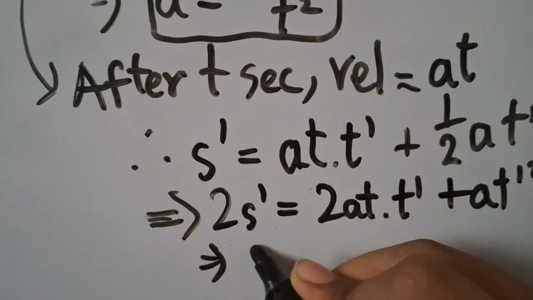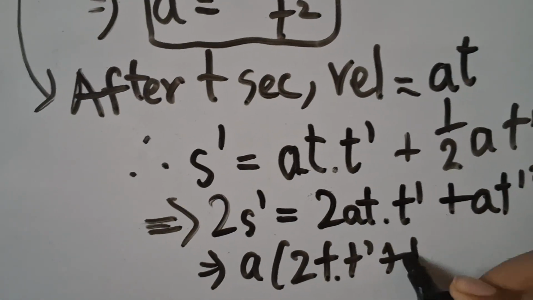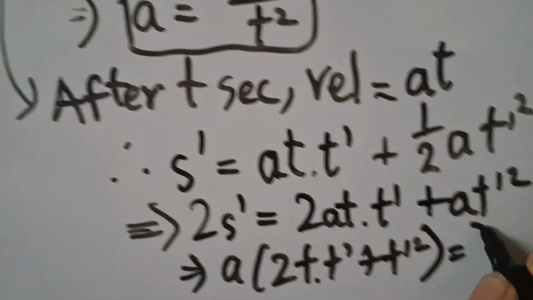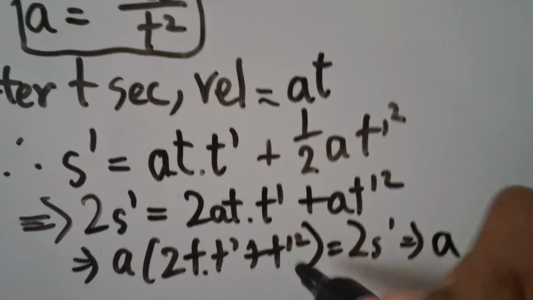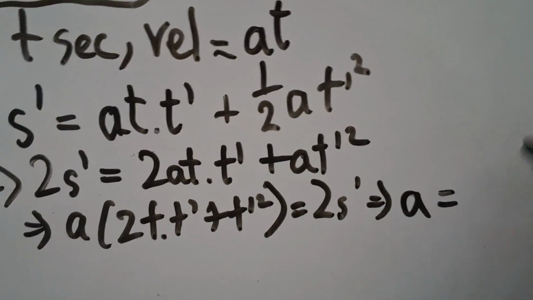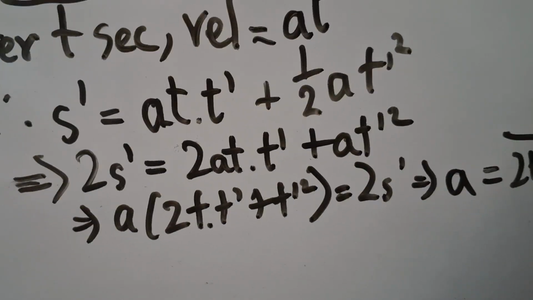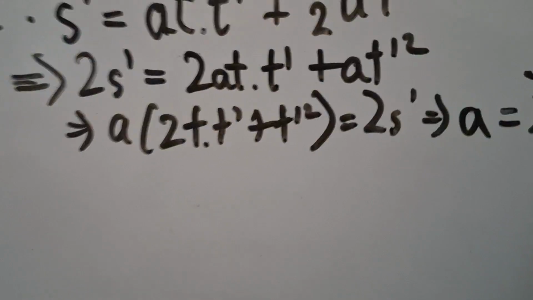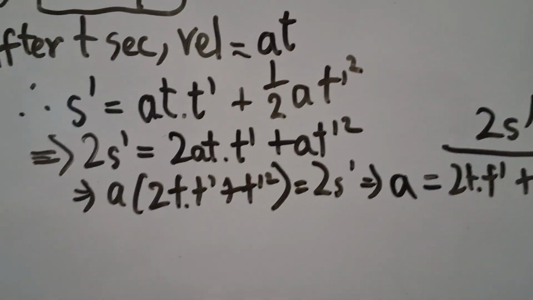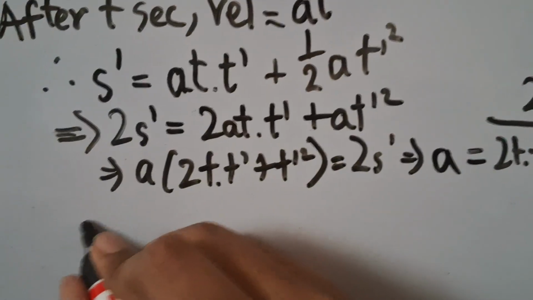Now a into 2t t dash plus t dash square is 2s dash. Therefore we get another formula for a: a is 2s dash by 2t t dash plus t dash square.